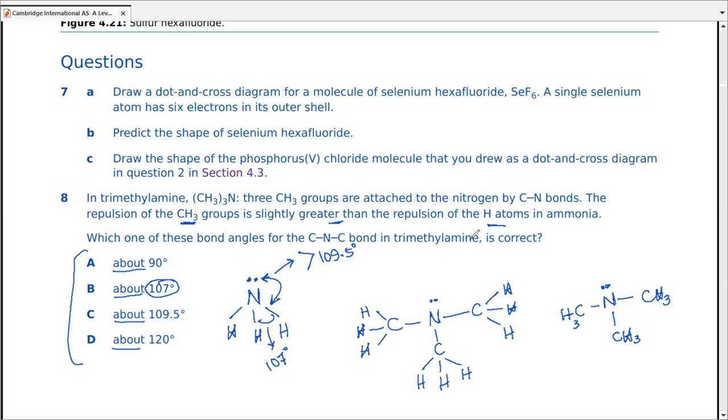We have to tell the CNC angle, the straight line one, or which one exactly? CNC means this angle, like this one. This one is 107. What about this one? Okay, let me use a different color. What about this one? Since this one is 107 over here.